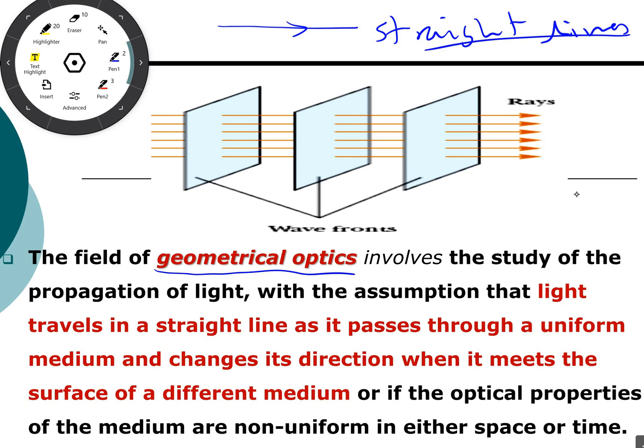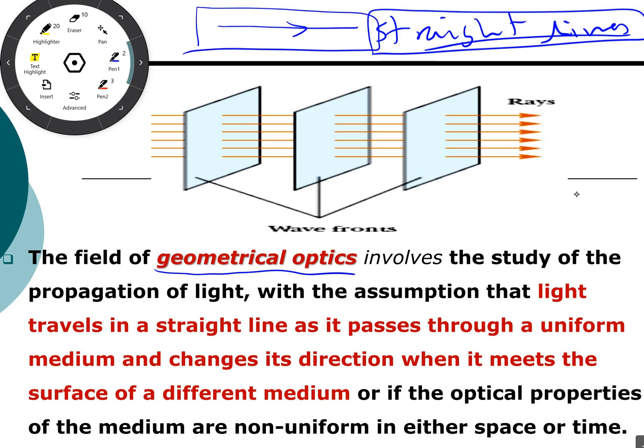So in the next lectures we would like to explain or derive the laws of reflection, refraction, and so on, based on this very simple idea that light always moves in straight directions, or along straight lines.